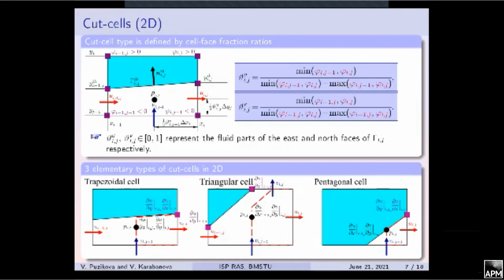They represent the fluid parts of the east and north faces of the cell. In a two-dimensional case, the cut cells can be classified into trapezoidal, triangular, and pentagonal cells. Position of the point at which the shear stresses are sampled on the cut cells depends on cut cell type.